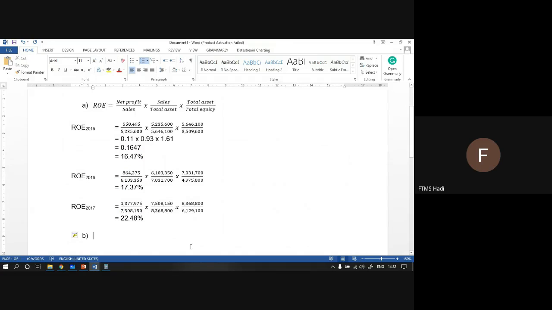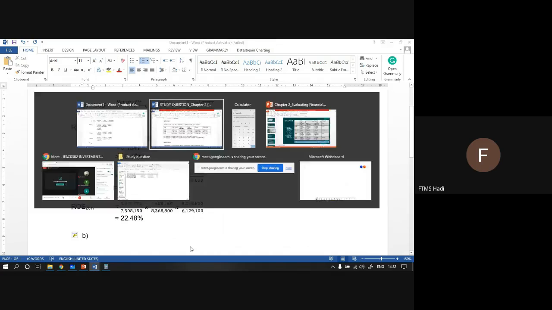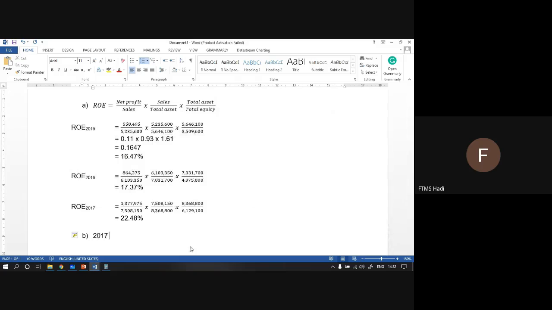So you can say that 2017 performs better in ROE because it has the highest ROE by 22.48%.